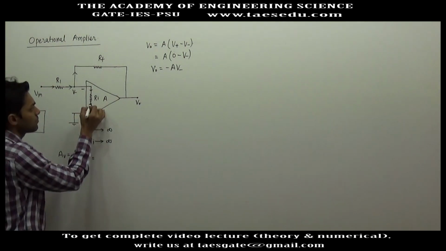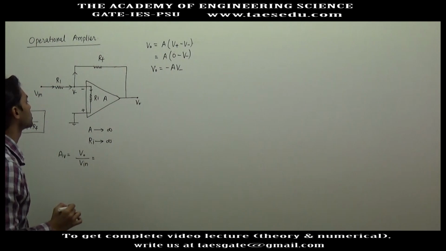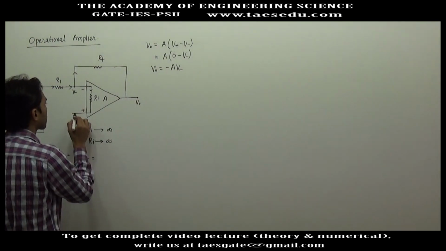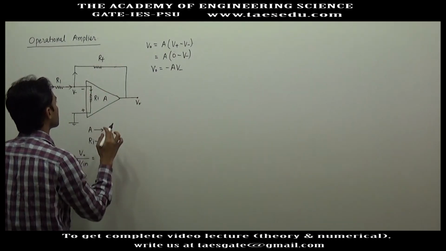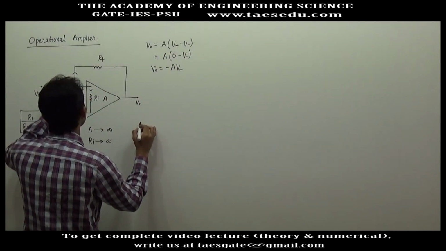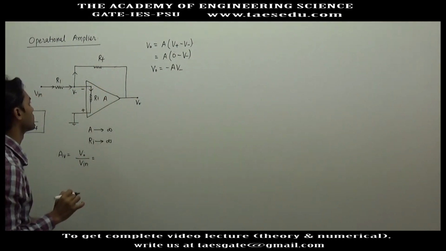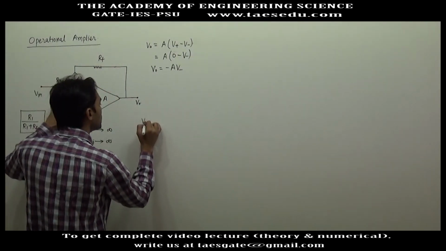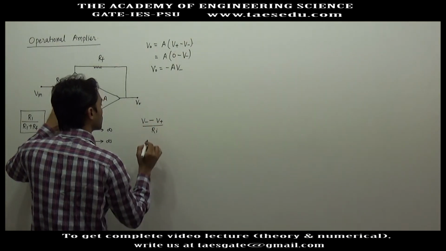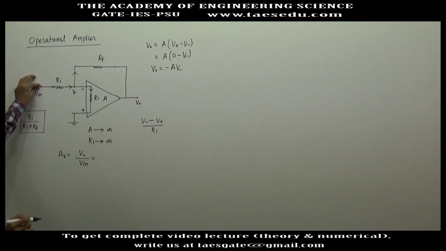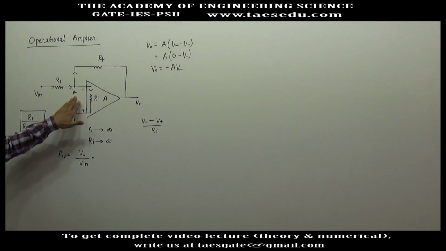Since the input impedance tends to infinity, if we take this direction as the reference of current, the current will be V minus minus V plus divided by R input. Since we have connected a finite voltage here, V minus cannot be infinite.